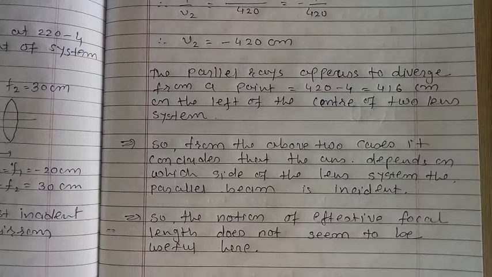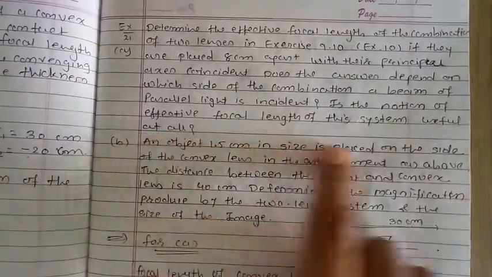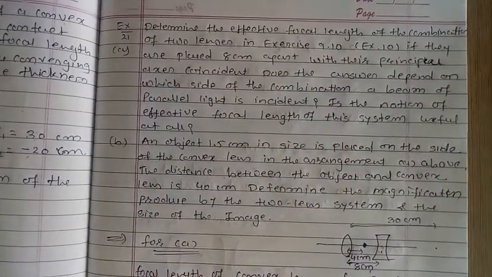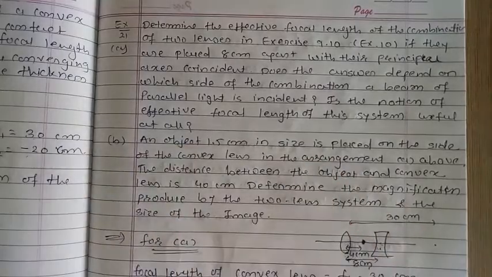So the answer depends on which lens is placed first and which lens is placed second. And in both sections we don't use the effective focal length, so we can say that the notion of the effective focal length does not seem to be useful here, right? So this is for our first A section.